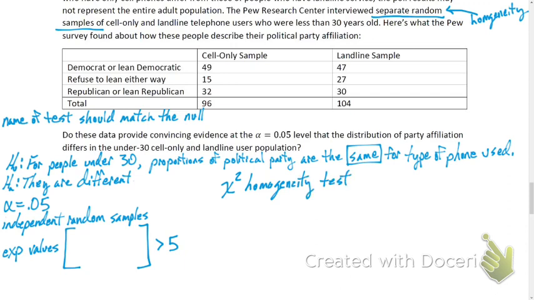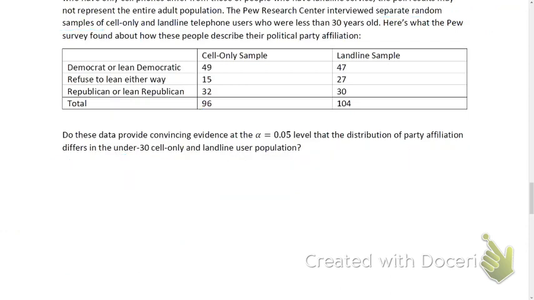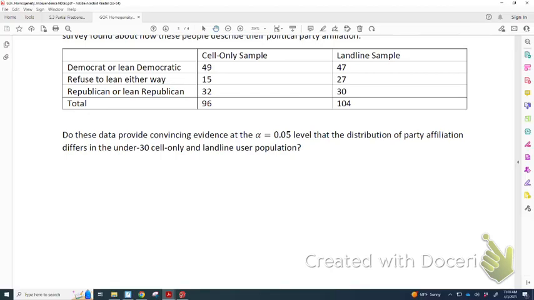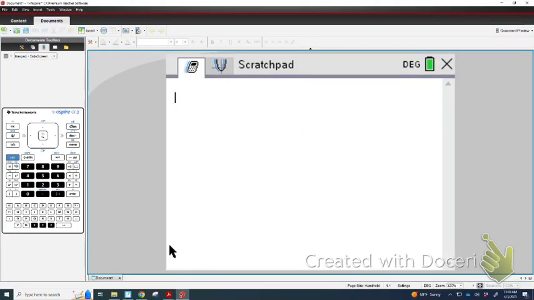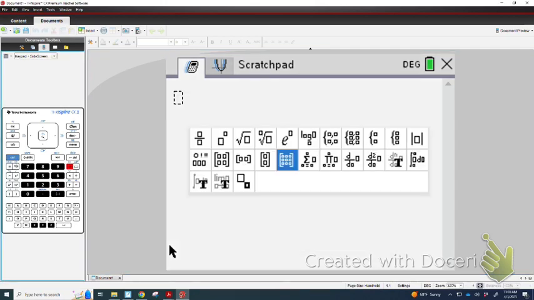And then grab your calculator and create a matrix. So I'm going to take these 6 numbers, ignore the totals, and I'm going to create a matrix. I think this is the fastest way. I don't know, maybe you have a better way. I press the button next to the 9, see where it's red?